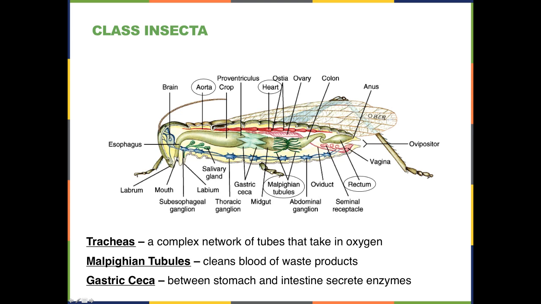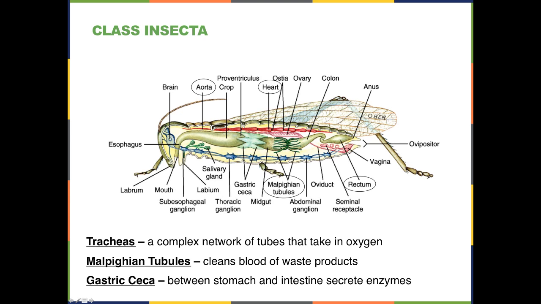They take food in through their mouth, and it moves back through the esophagus and into something called the crop. In between the crop and the intestine is an area called the gastric ceca. The gastric ceca secretes enzymes into this area, which allows for the digestion and breaking down of food into absorbable material.